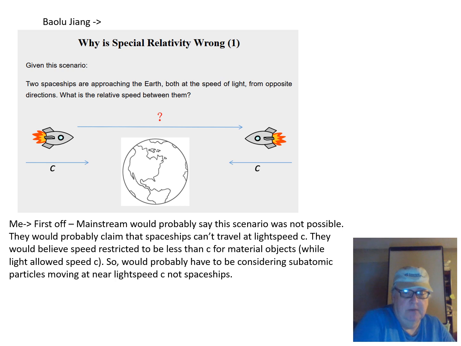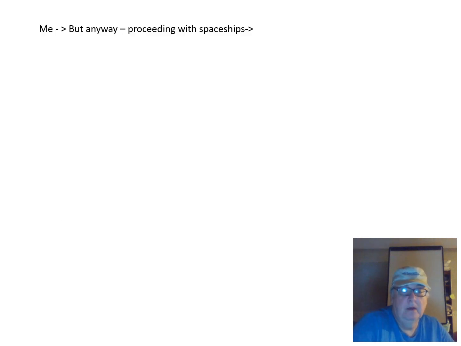So we'd probably have to be considering subatomic particles instead of spaceships moving at near light speed c. But anyway, proceeding with treating it as spaceships, although really should be treating it as subatomic particles, where you're considering the relative speed between subatomic particles. Let's carry on.